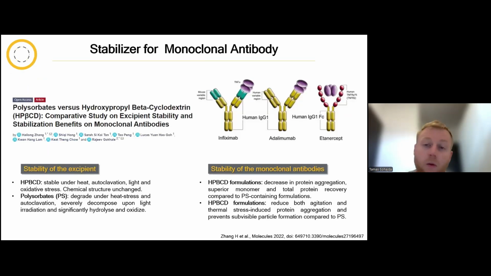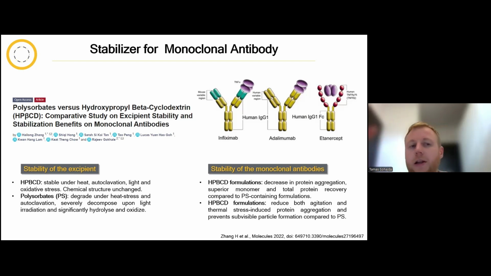What do cyclodextrins compete with when it comes to this field? These are the polysorbates, technically, who dominate the stabilization of the protein field. So there are a few, not a lot, but a few studies which compare the performance of polysorbates versus cyclodextrins.